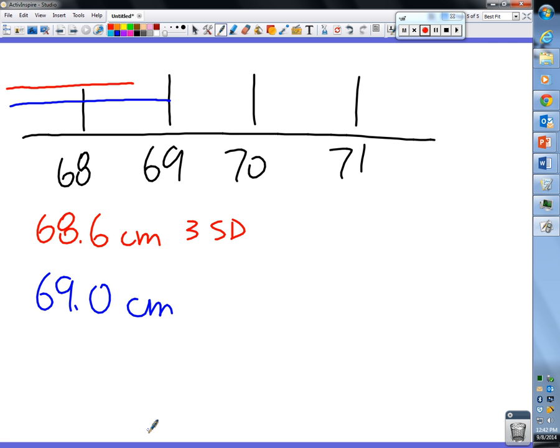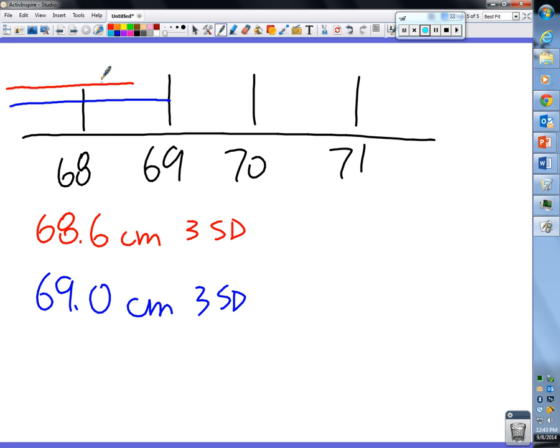It just so happens that our uncertain digit in this case is what? 0. For a total of 3 significant digits. Rule D that you just wrote down: zeros at the end are significant if there is a decimal point. There is a decimal point.